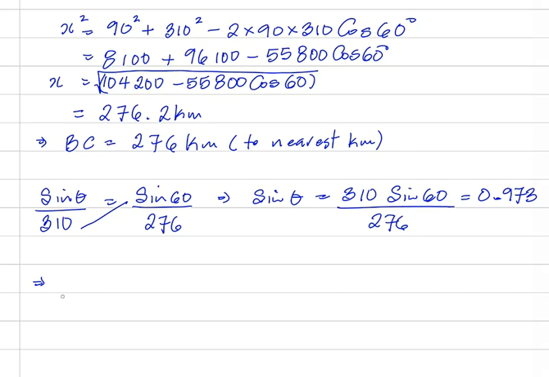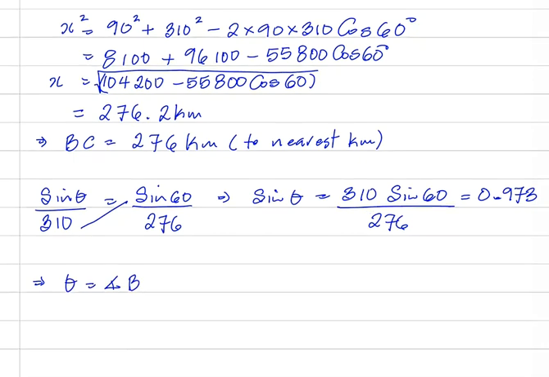Therefore, theta, which is angle ABC, is equal to sine inverse 0.973, which is equal to 77 degrees to the nearest degree.